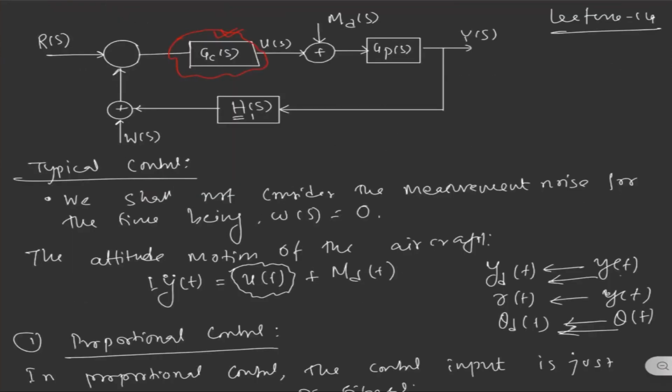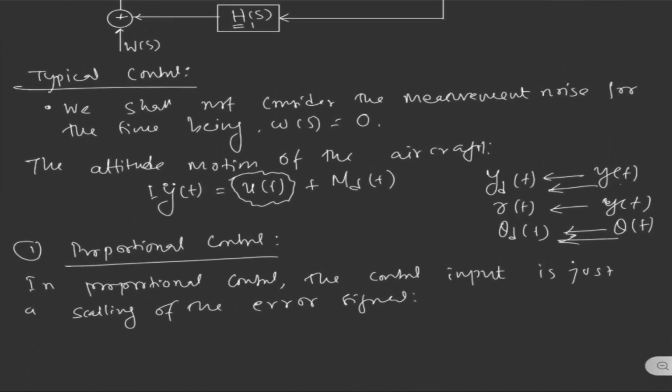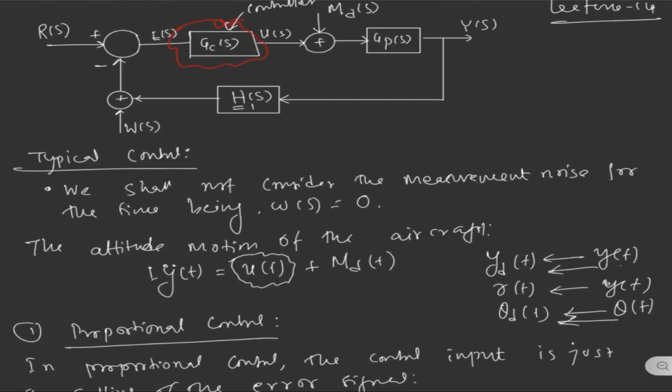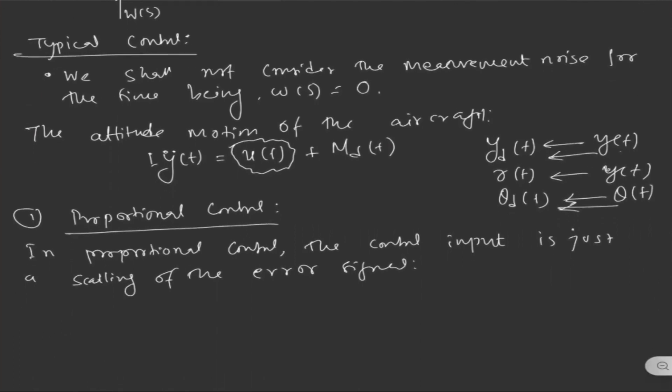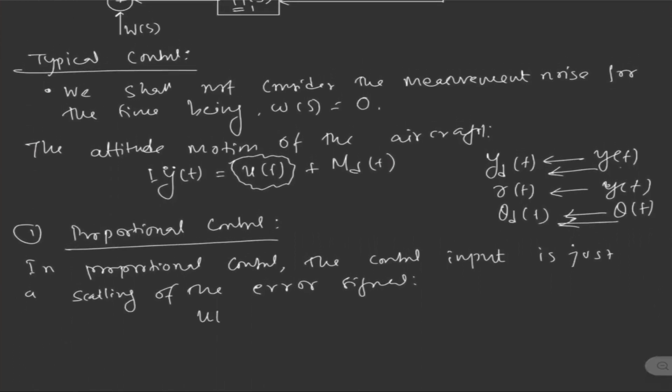So it means here we have the error signal E of S, which is basically negative and positive. And this is my controller. In the controller, we have to assume some kind of constant, which scales the error signal so that we can get U of S. So let me write U of t, the output of the control block.